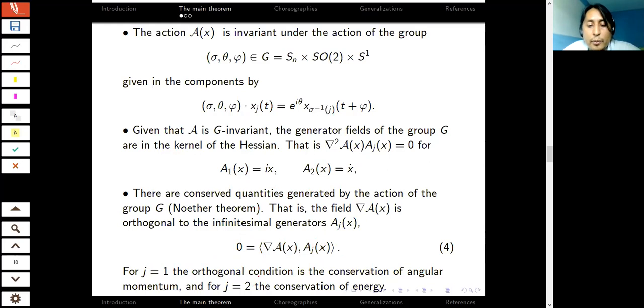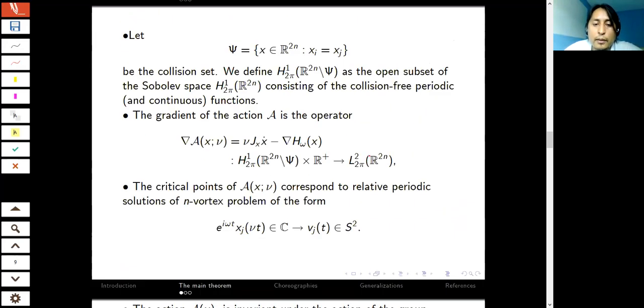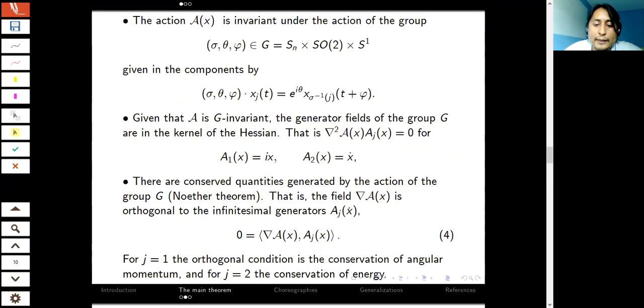And for j equal to 2, for the generator of translations in time, where I put here x dot, is just the conservation of energy. This is a product on L2. So it's an integral.